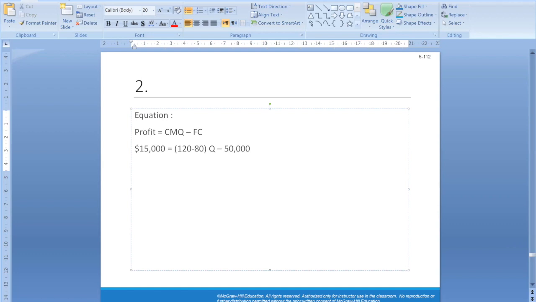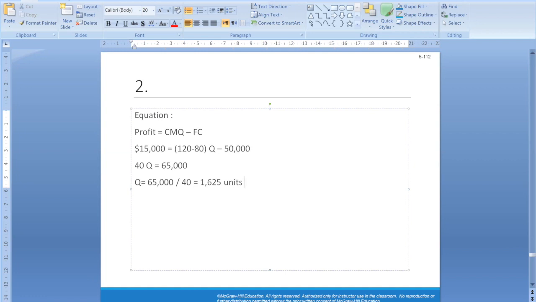So here 40Q equals 15 plus 50, which is 65,000. So Q equals 65,000 divided by 40, and this equals 1,625 units.